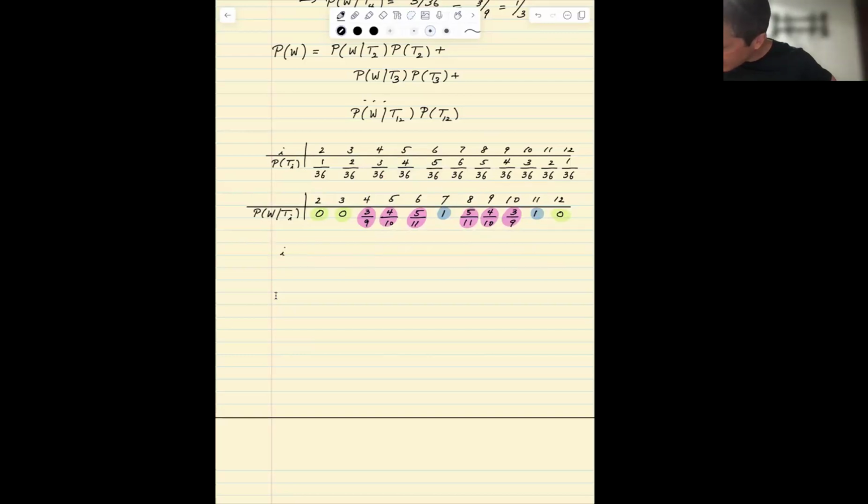So for each i, we multiply the probability of Ti times the probability of W given Ti.